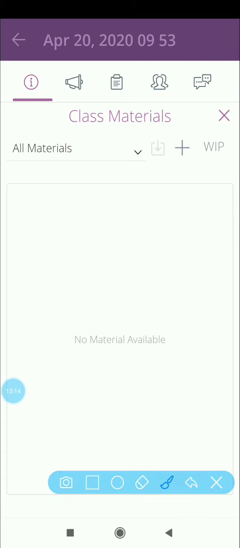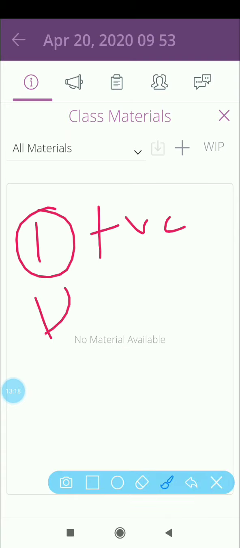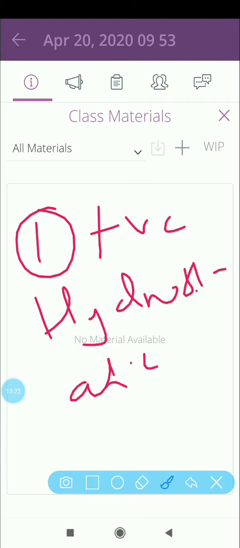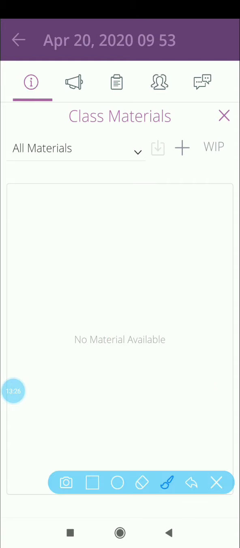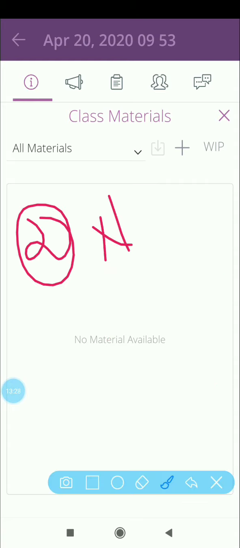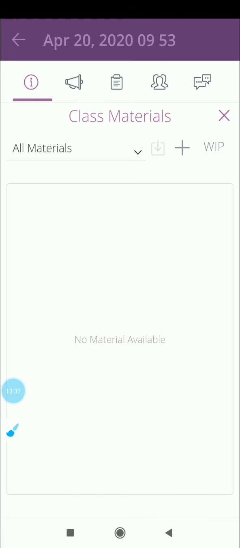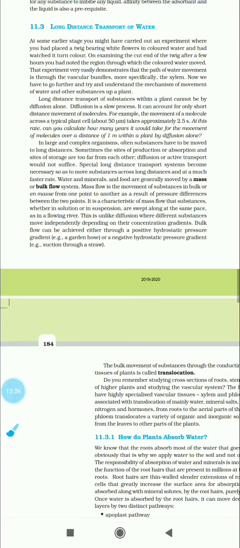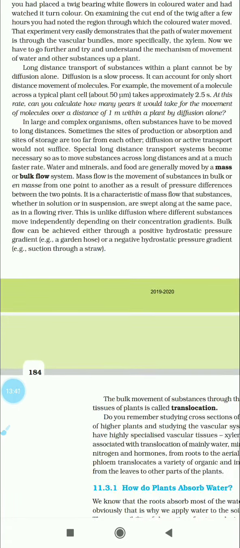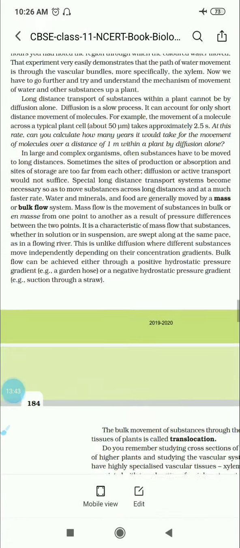Okay, what are they? The first one is it is achieved by either positive hydrostatic pressure gradient, or it can be achieved by negative hydrostatic pressure gradient, as they have mentioned over here in this last part.